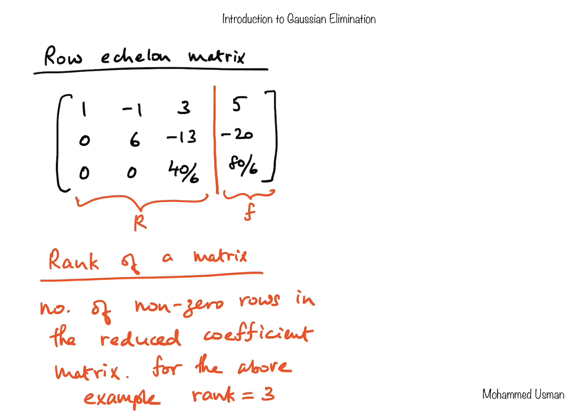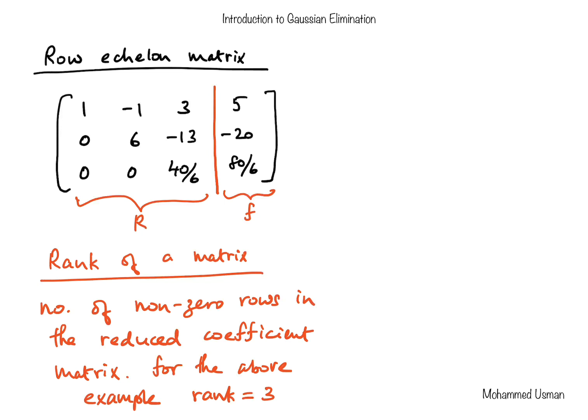If the determinant is equal to 0, then either there is no solution or there are infinite possible solutions. Similarly, by looking at the row echelon matrix, we can determine whether this system of equations has a unique solution or not, or if not, whether it has no solution or infinite possible solutions. We can interpret that from the row echelon matrix, and we will discuss that.